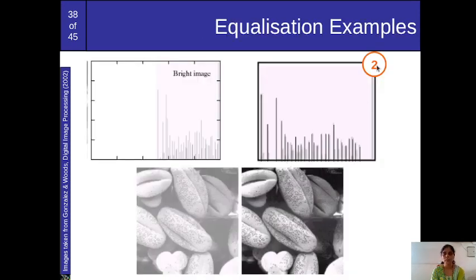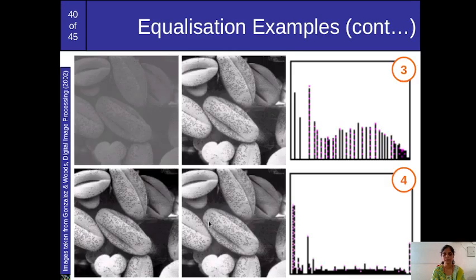Applying transformation function 2, we obtain this better quality picture as compared to the original. The second one here, this is the input image, and after applying the transformation, this is the output. Similarly here, this is the input image, and after applying the transformation function, we can see the image and its corresponding histogram.